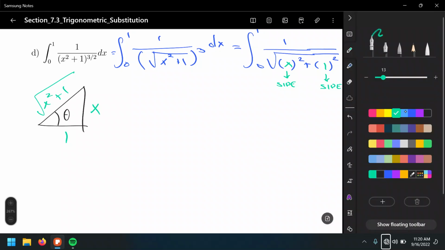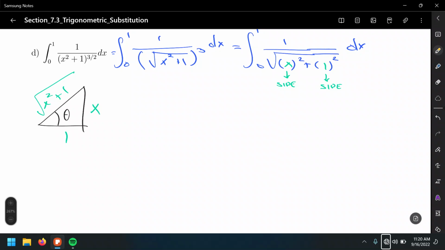Now, again, let's find ratios. We want to rewrite this ugly looking radical, send it to the world of trigonometric functions by having a quotient here in accordance with the triangle. So we have a couple of options. Number 1, radical over 1 or radical over x. Which of the two is the simplest of them?